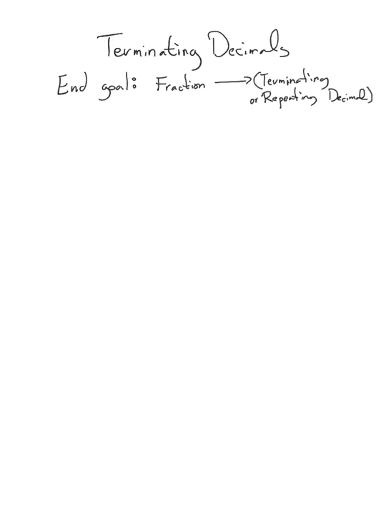Not only are we going to show that, we're going to show the reverse as well. We're going to show that if a number can be written as a terminating or repeating decimal, then it can also be written as a fraction. So we get this biconditional, which we talked about a little bit at the start of the term.